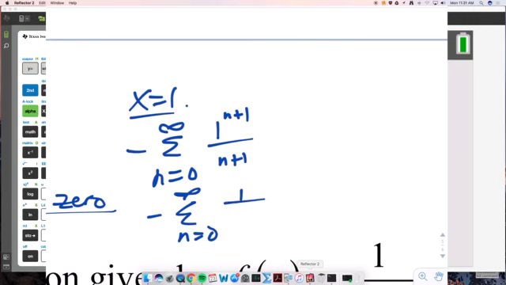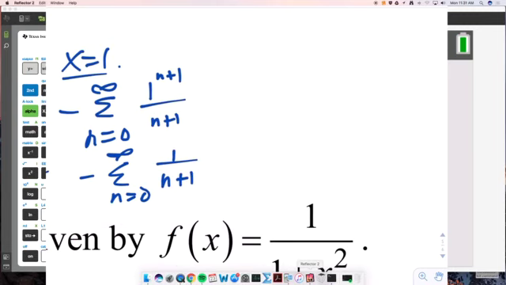So we end up with just 1 over n plus 1, which is what? Convergent or divergent? This is divergent. It's 1 off a p series. If it were just 1 over n, that is your divergent harmonic series.